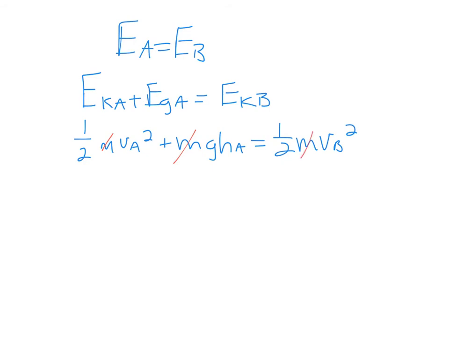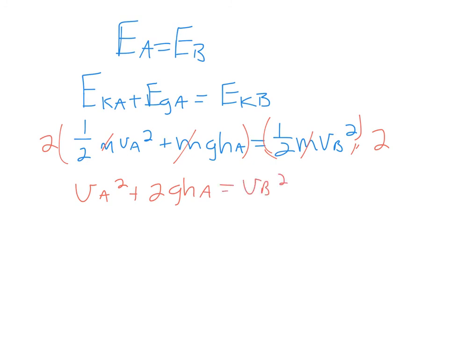And then I don't like fractions, so I'm going to get rid of the 1/2 and multiply everything by 2. So just multiplying both sides by 2 to get rid of this 1/2. You don't have to do this step, it's just something I like to do. So this leaves us with VA squared plus 2G height at A equals VB squared.